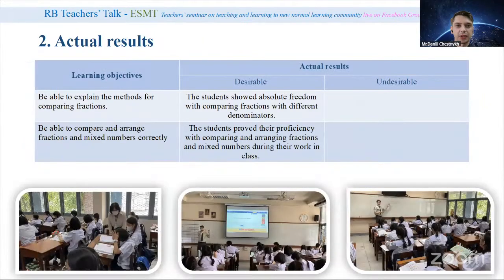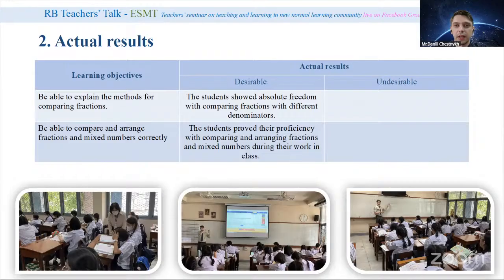As for the actual results, as for the learning objectives, 2 learning objectives are of prime importance for me. The first one is to be able to explain the methods for comparing fractions. And during this class, I achieved these goals so that the students really know how to do these kinds of tasks, what parts of the task they need to pay attention to.